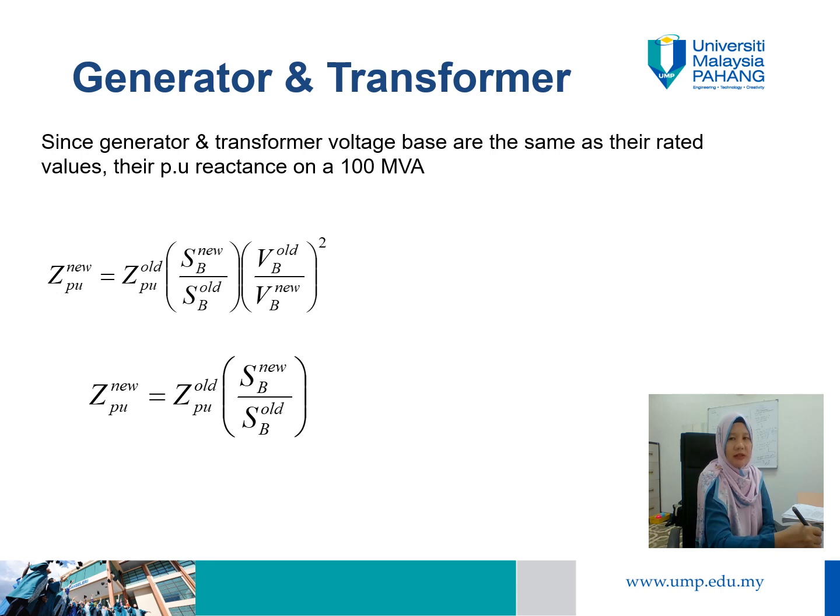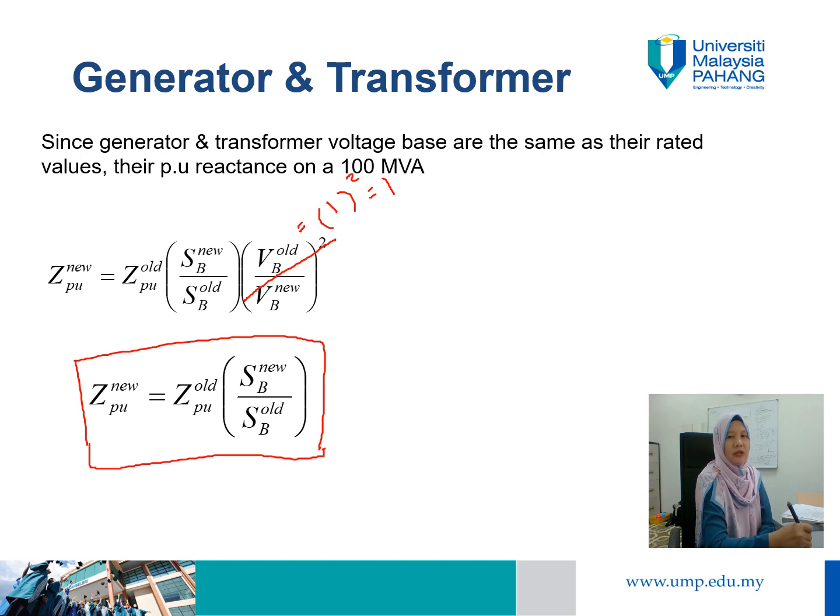Since the generator and transformer voltage bases are the same as their rated values, we can eliminate this part because V old is equal to V new, so this part is equal to 1. So 1 to the power of 2 is equal to 1, we can cancel this part and use this formula, which is the new impedance in per unit equal to the old impedance in per unit multiplied by the new base power divided by the old base power.